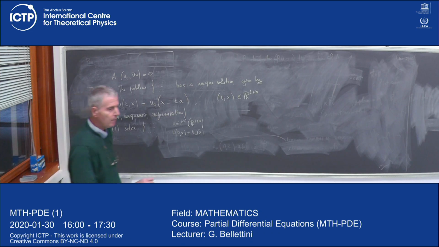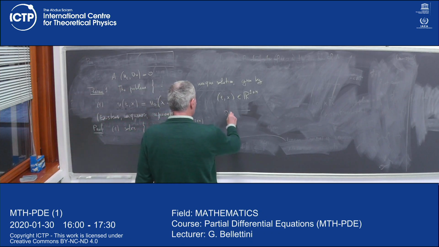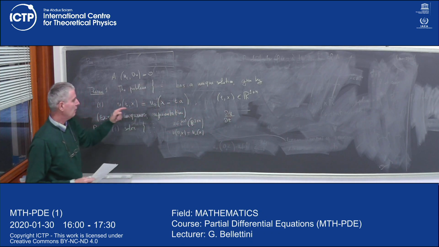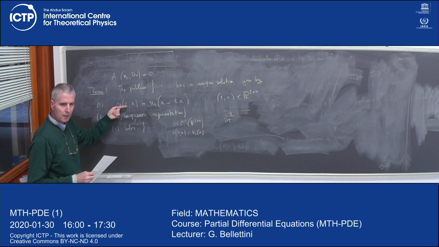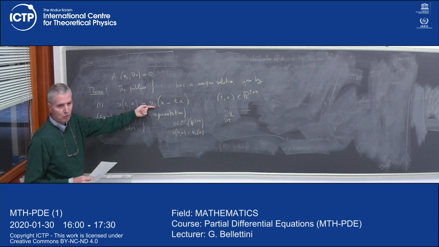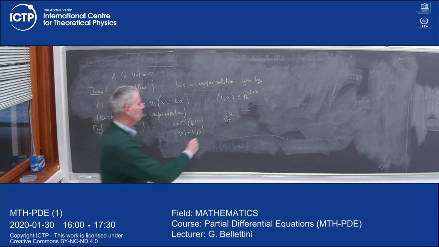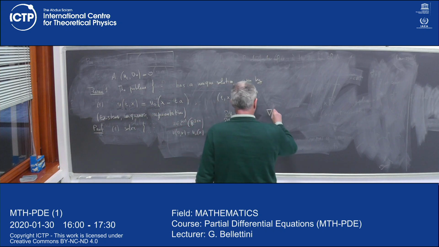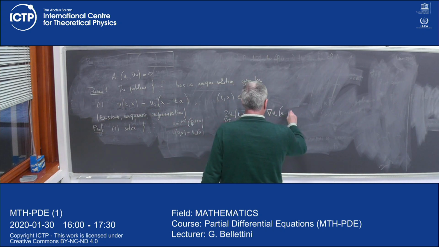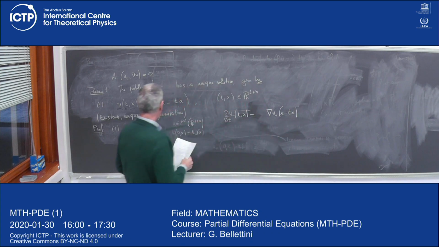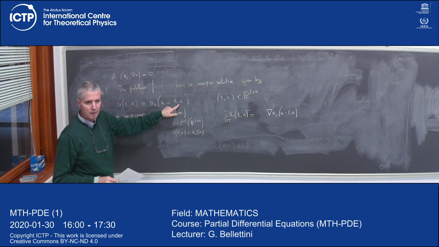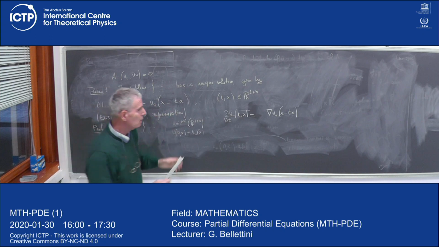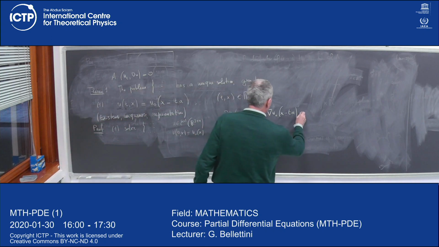It remains to show that this u solves the PDE. Okay, so let us compute the partial derivatives. If I do the partial derivative of u with respect to t, I have to use the chain rule. So this is the gradient of u0, and then I have to multiply by the derivative with respect to t, so it is minus a dot t.